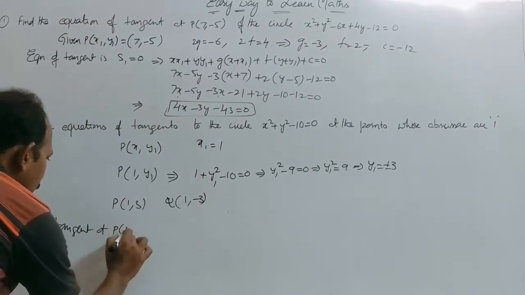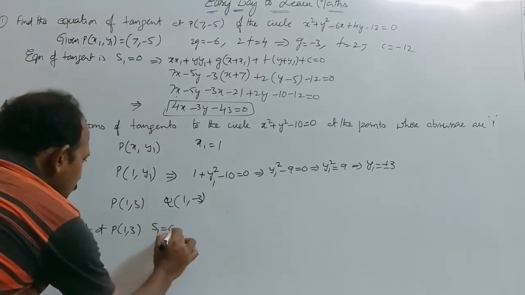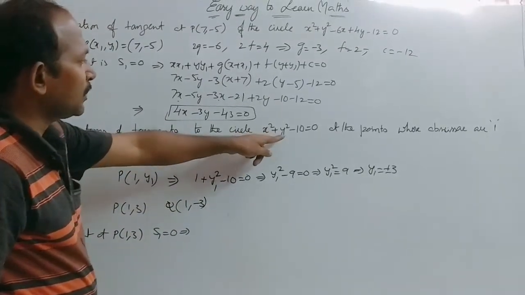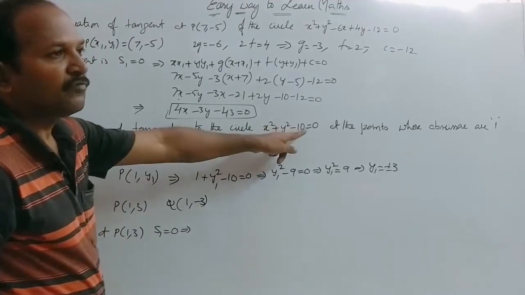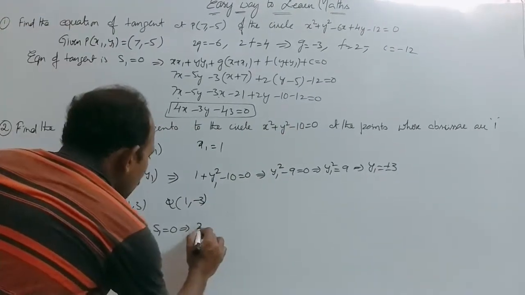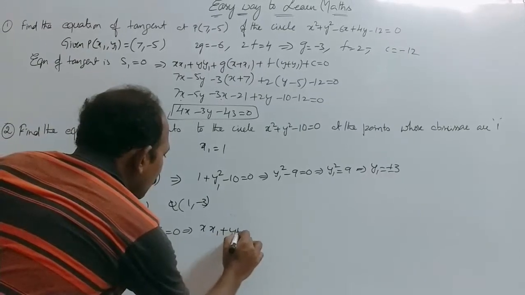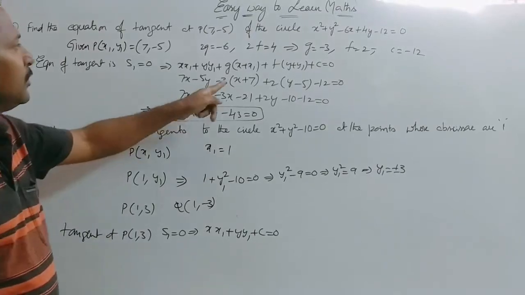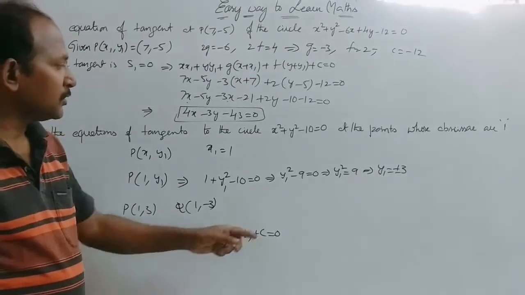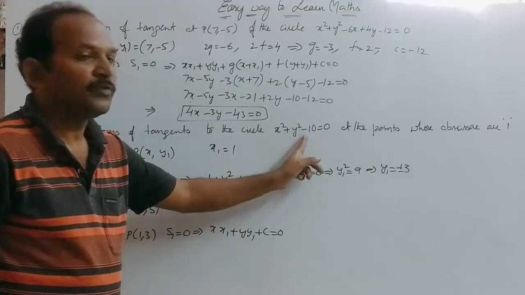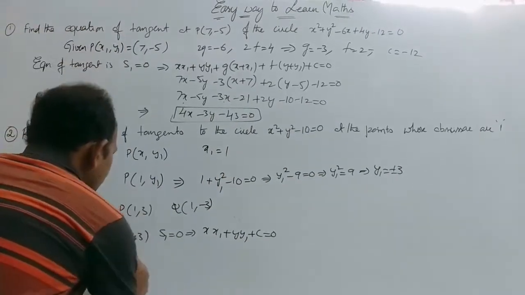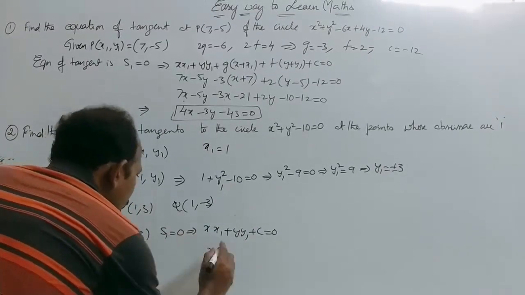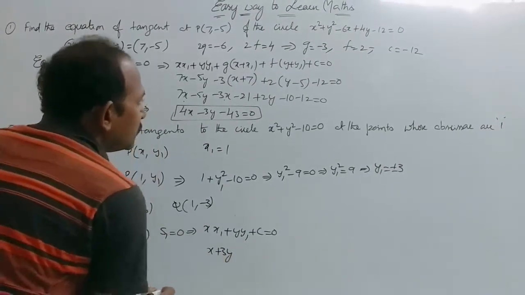Tangent at P(1, 3). Again, S1 is equal to 0. That implies, here in this case, g equal to 0, f equal to 0. Therefore, simply S1 becomes xx1 plus yy1 plus c is equal to 0. No need to write the g and f terms, because here g equal to 0, f equal to 0. Therefore, 1 into x, then 3 into y, that is 3y, c is here minus 10.